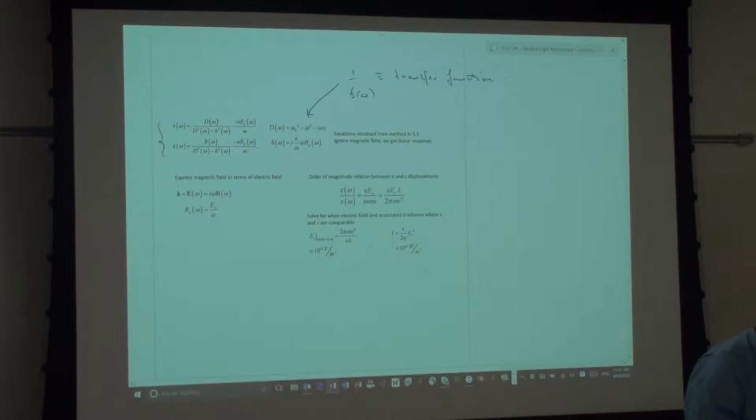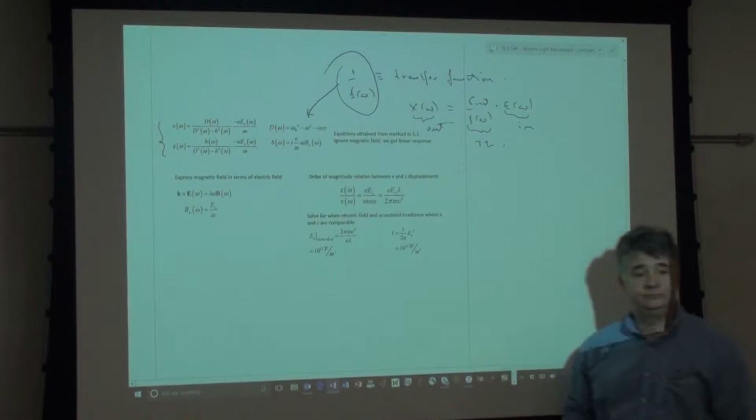Why? Because I have x of omega, the output, is 1 over D of omega times E of omega and some constants. So this is the input, this is the transfer function, this is the output. That's the meaning of D of omega.